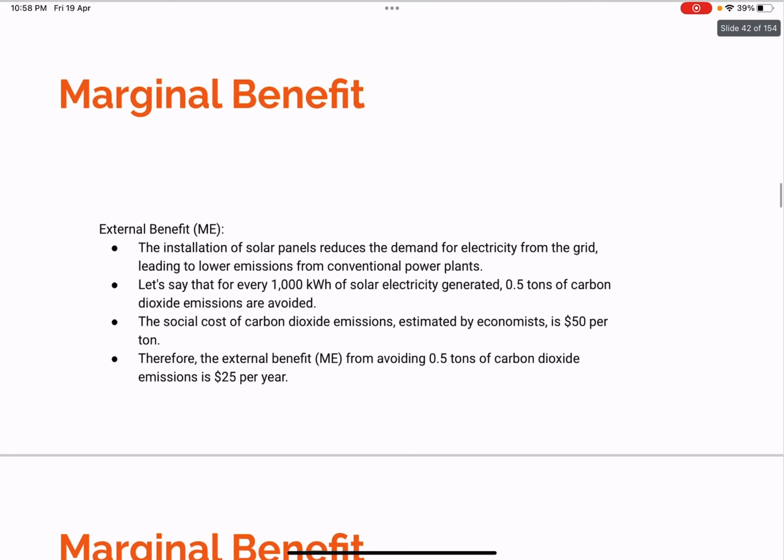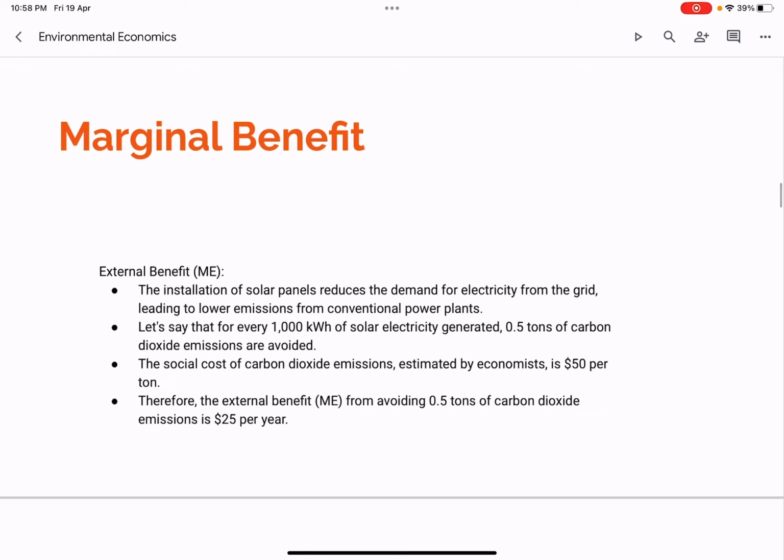So the external benefit because of the solar panels is that there will be lower emissions from the conventional power plant. Let us say that because of the solar electricity, there is a reduction in carbon dioxide emissions. Say, let us assume that about 0.5 tons of carbon dioxide emissions are mitigated, they are avoided, right? So now, if we assign some social cost to the carbon dioxide emissions, and let us say that cost is some $50 per ton.